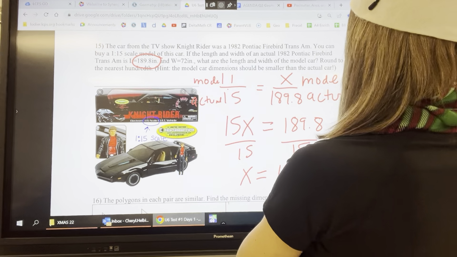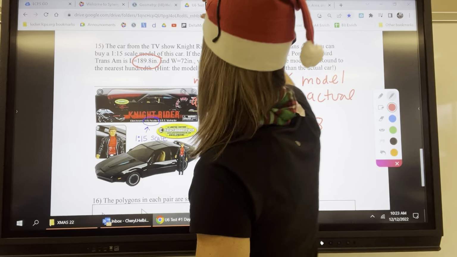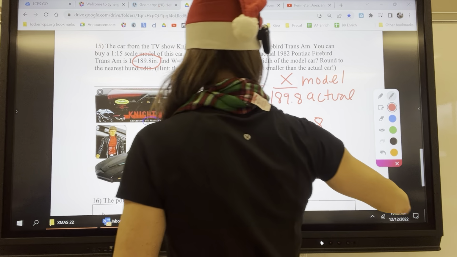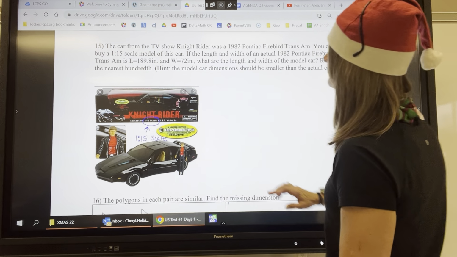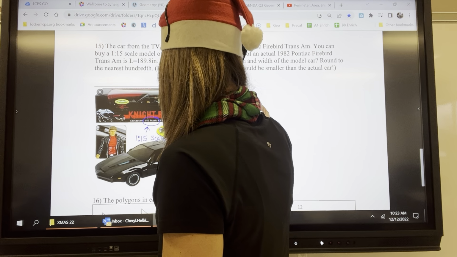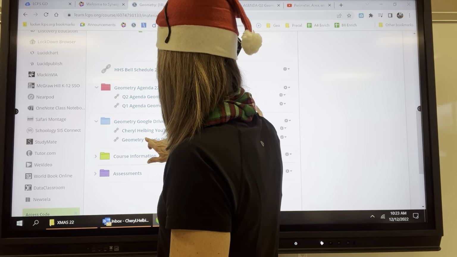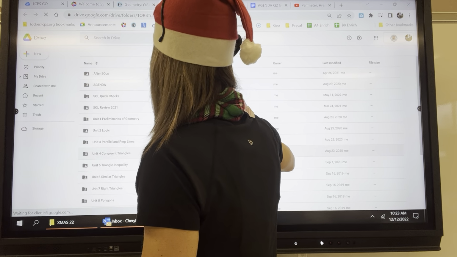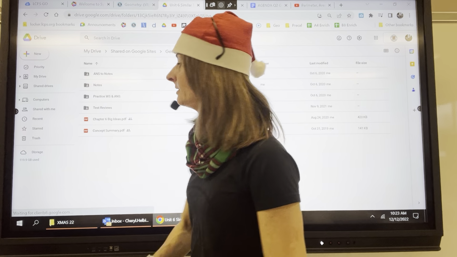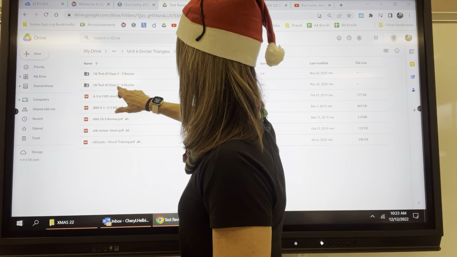It's gotta be feet or something. Let's look at my answers. Does it say here? It usually says, I'm surprised. Does somebody else see the units for the actual car? On a quiz or a test, the units will be there. Okay, so sorry, I should have figured this out before I started recording, but it's fine.